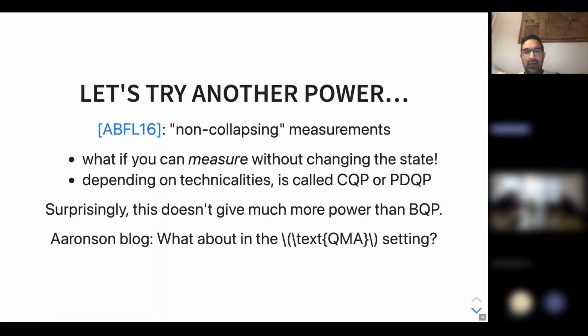A question that got asked on Scott Aaronson's blog in 2023 was: what happens in the QMA setting? What if you have QMA, but you also give it non-collapsing measurements? Is it also not much more powerful than QMA?